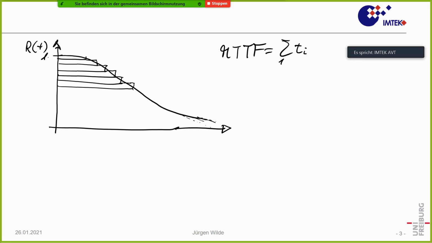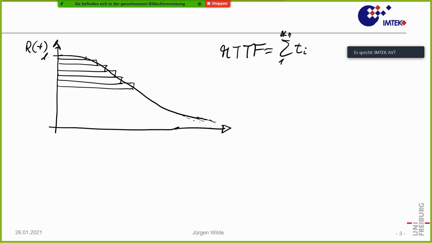On the other hand, when we know the function over time, then we could also take an analytical approach.